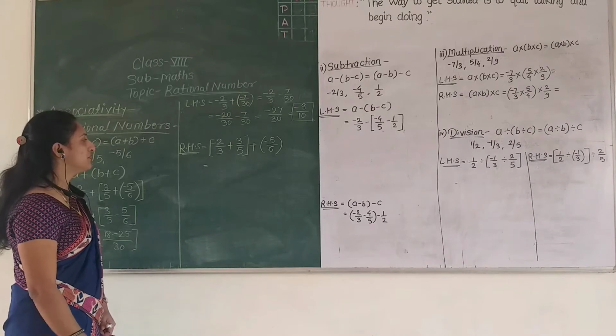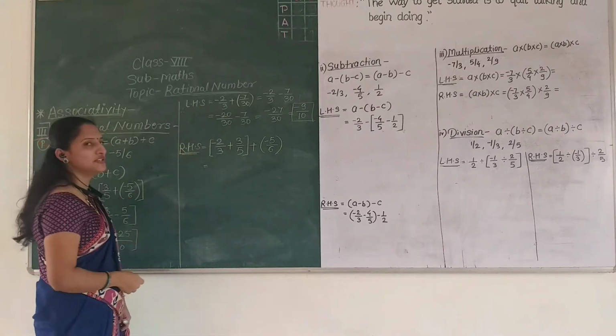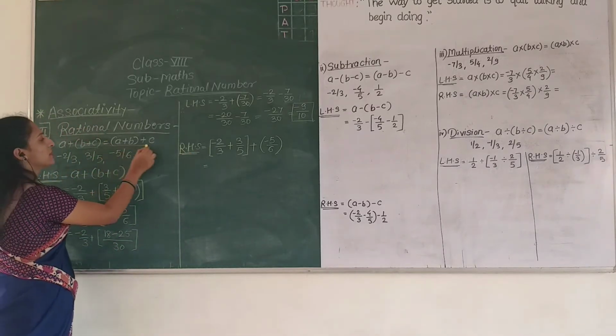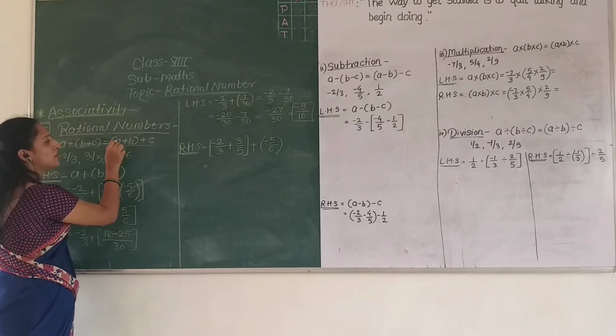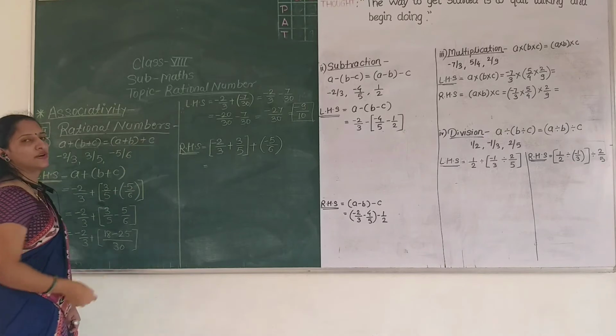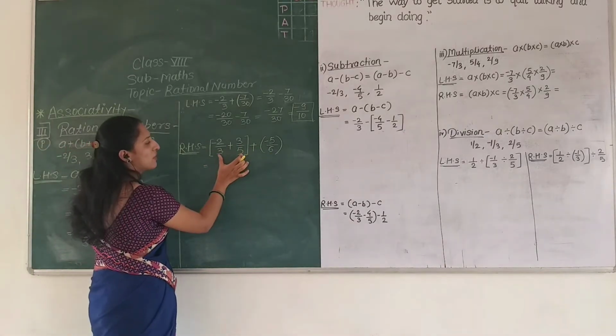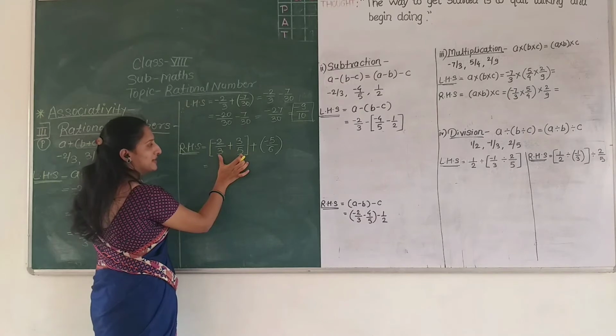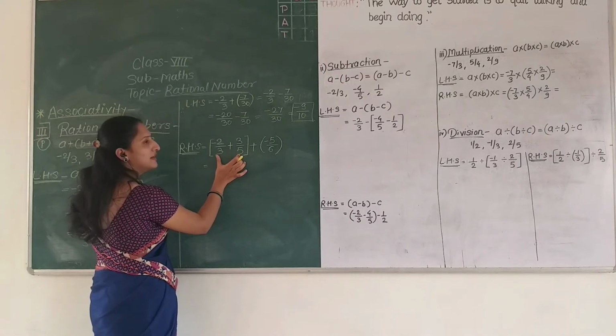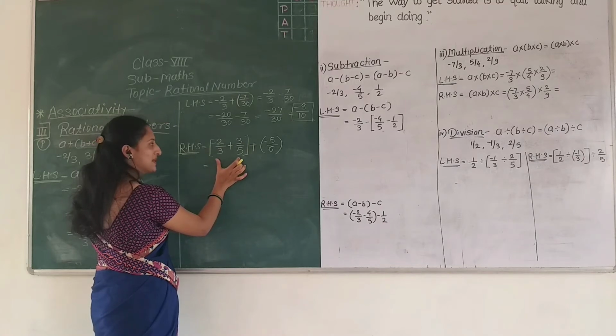Okay. Now for the RHS, we have to perform this operation. We have to make a group of A and B here. (A + B) + C. Okay? Now we have to solve the bracket first. Here the denominators are different. So for this we take cross multiplication.